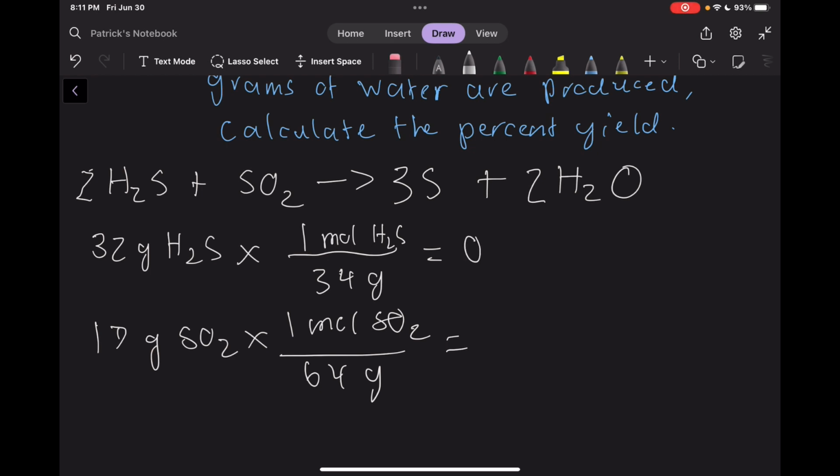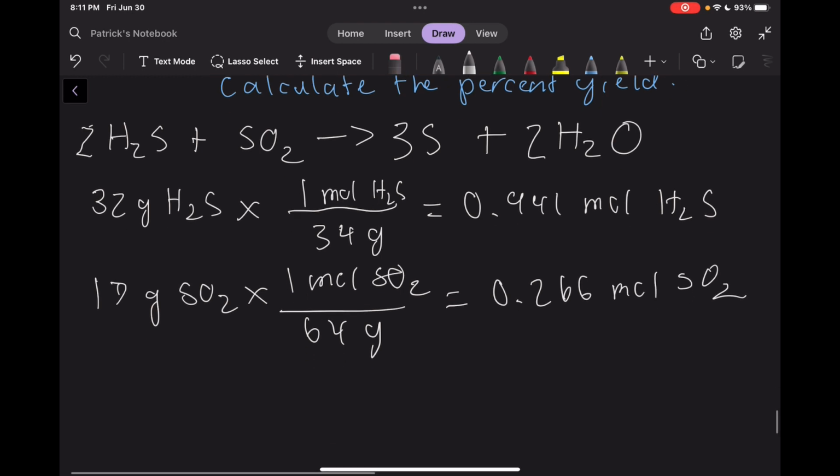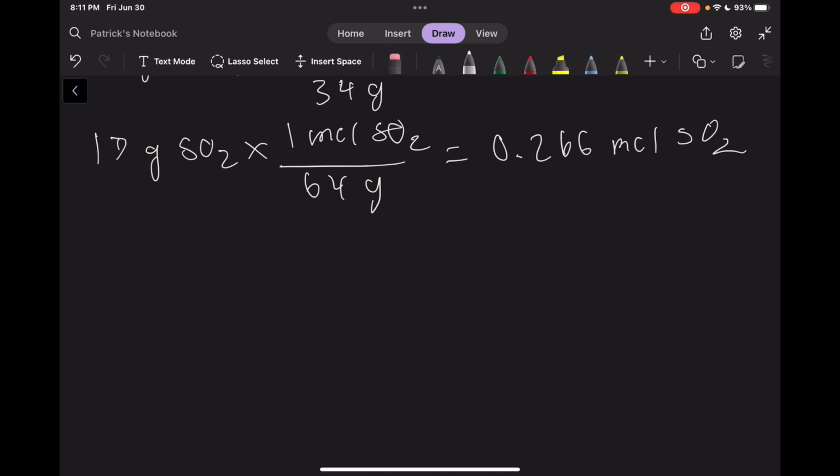We obtain 0.941 moles of hydrogen sulfide and 0.266 moles of sulfur dioxide. We now need to determine the limiting reactant. We'll multiply both these mole values by the corresponding molar ratios. The molar ratio between water and H2S is 2/2, or just 1.